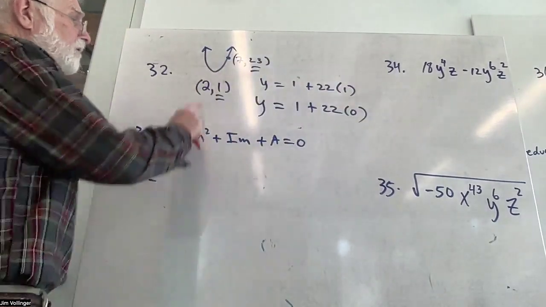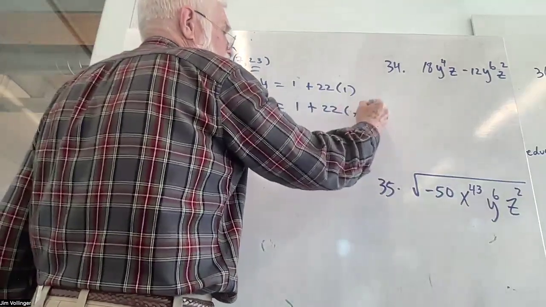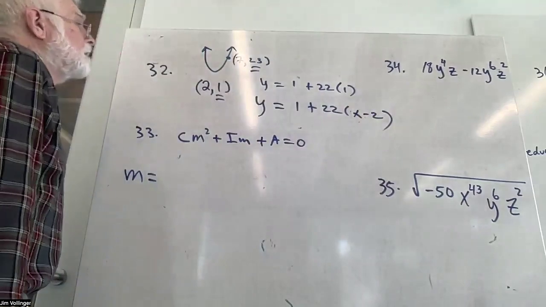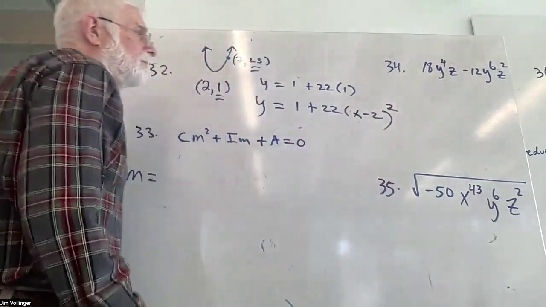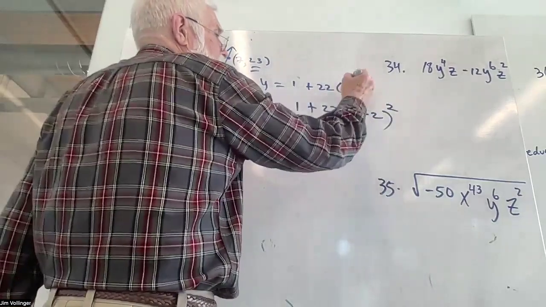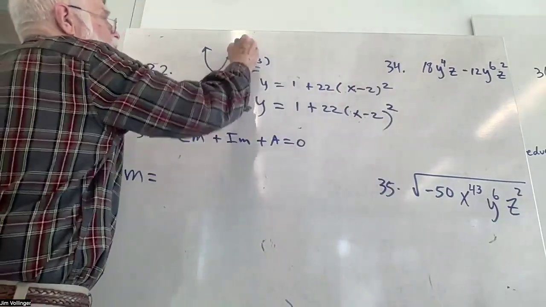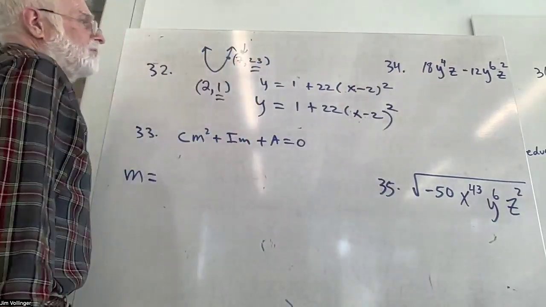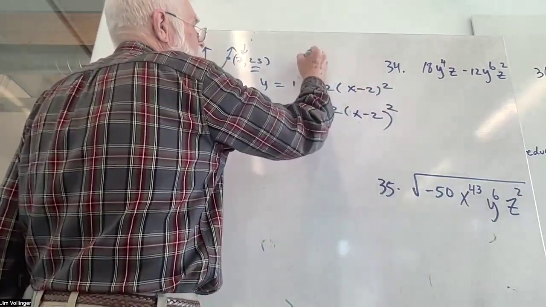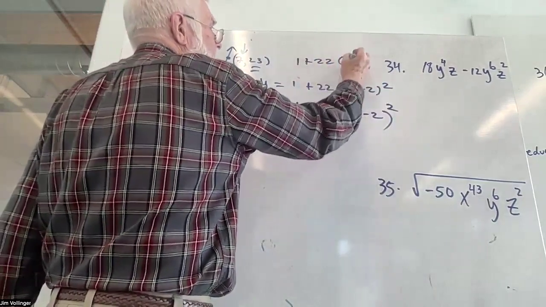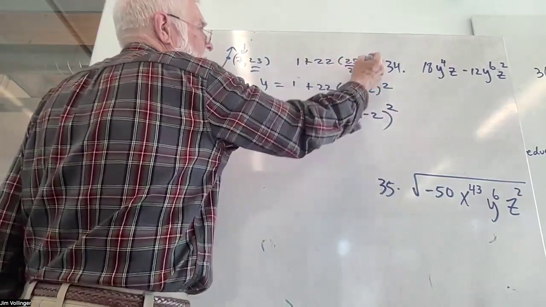All right, how do I make a 0 out of the number 2? x minus 2. How do I get a cup-shaped graph? It's got to be squared. So that tells me I've got to get the number 1 out of x minus 2 squared when I use a 7. And if I use a 7, I get the number 25. And I want that to be a 1. I think I can divide it by 25.